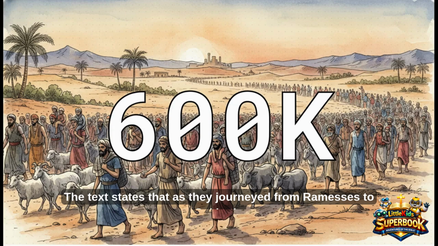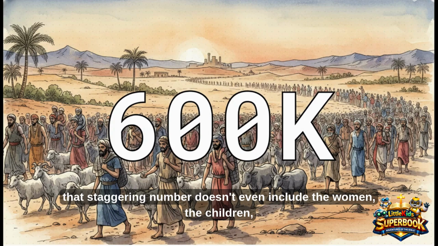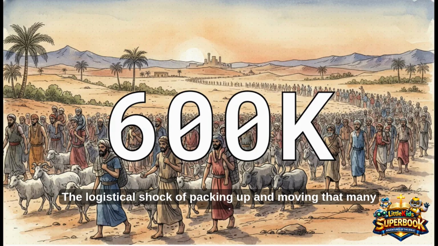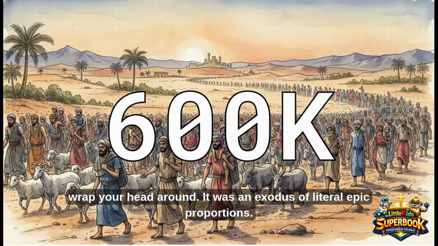The text states that as they journeyed from Ramesses to Sukkoth, there were about 600,000 men on foot. Now, to put that into perspective, that staggering number doesn't even include the women, the children, the many other people who went up with them, or the massive droves of livestock. The logistical shock of packing up and moving that many people and animals in a single night is almost impossible to wrap your head around. It was an exodus of literal epic proportions.